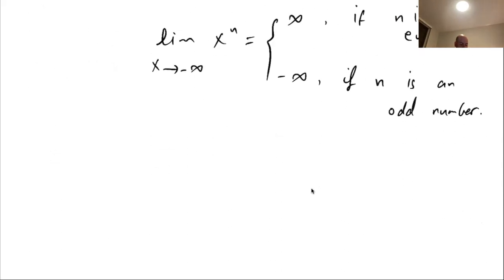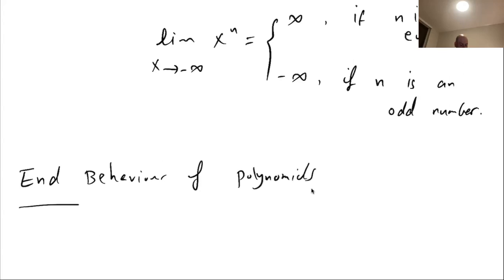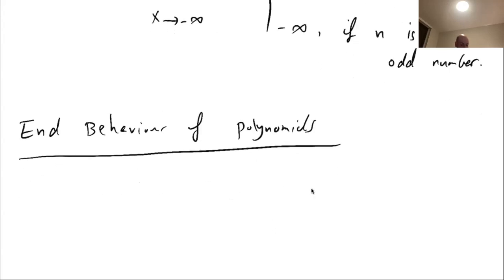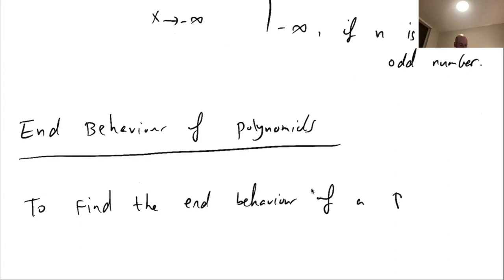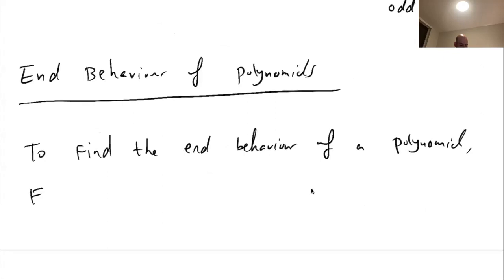So what about polynomials? End behavior of polynomials. To find the end behavior of a polynomial, factorize from the highest power of x.